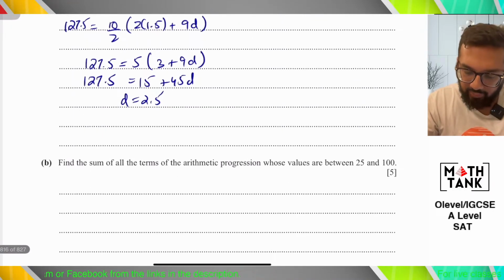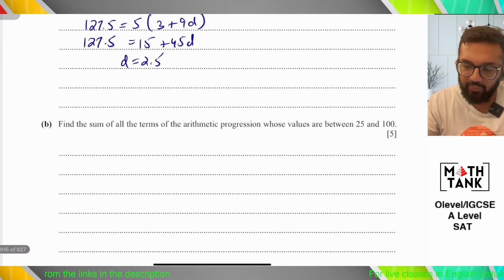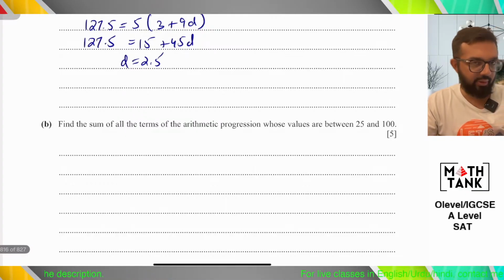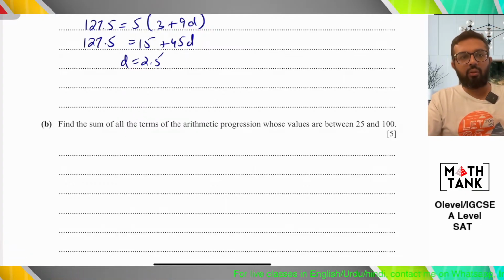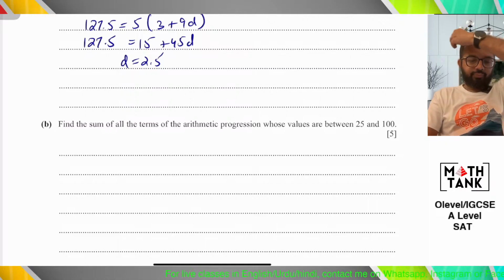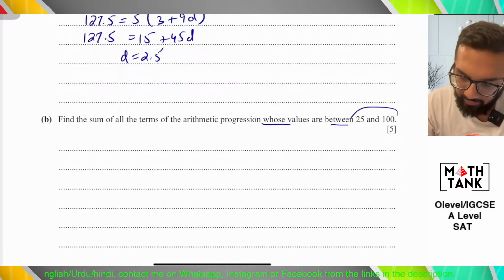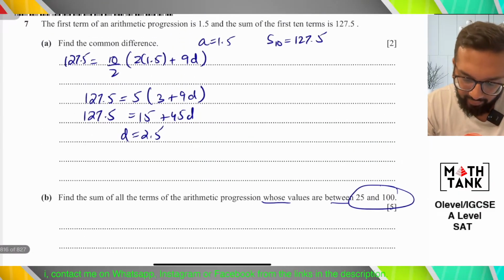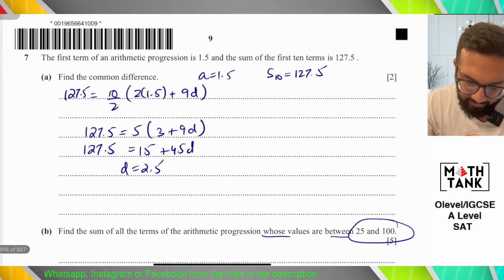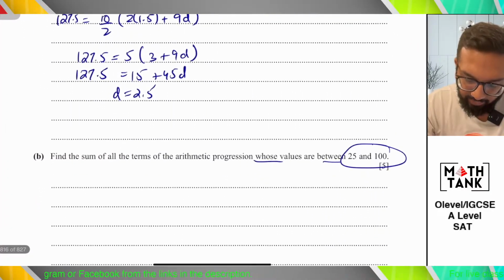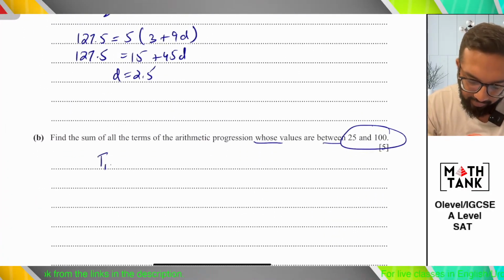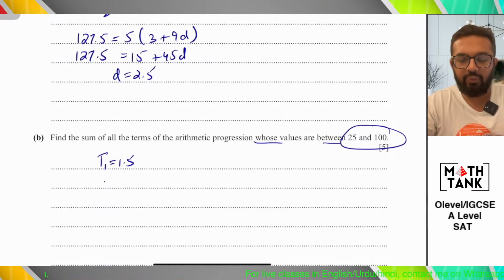Find the sum of all the terms of the arithmetic progression whose values are between 25 and 100. Okay, so I will have to figure out what term is 25. If my first term of the arithmetic progression is 1.5, what I need to figure out is what term is 25 and what term is closest to 100.